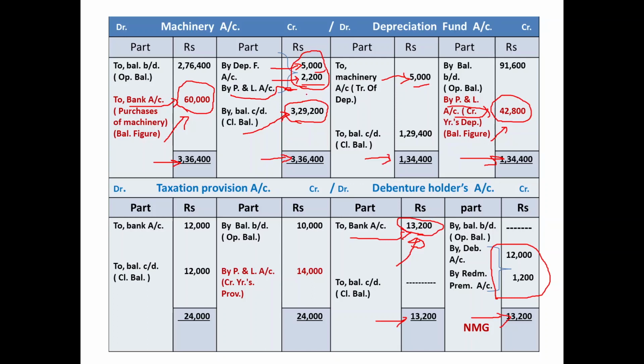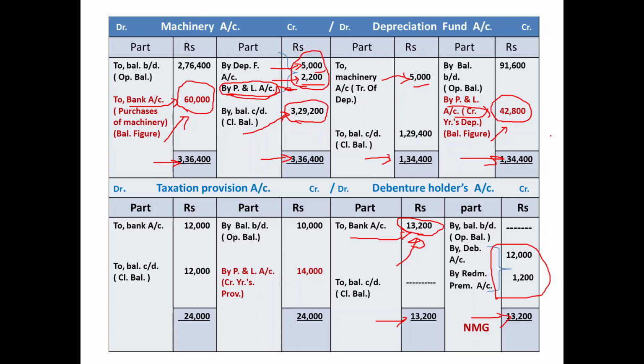Company has written off the remaining amount of rupees 2,200 to profit and loss account. But the nature of this transaction is non-cash. It is non-operating. It is not your daily transaction. So being a non-cash and a non-operating item, this 2,200 should be added back in the current year's profit.